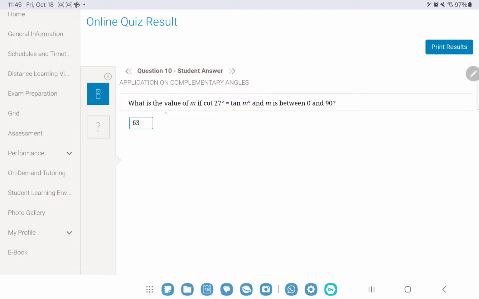Okay, so what's the value of m, if cotangent of 27 equals tangent of m? There's a rule in math that tells us that, wait, let me just make sure I don't write the rule wrong. Okay, so it's cotangent of theta, theta is any angle by the way, equals tangent of 90 minus theta.